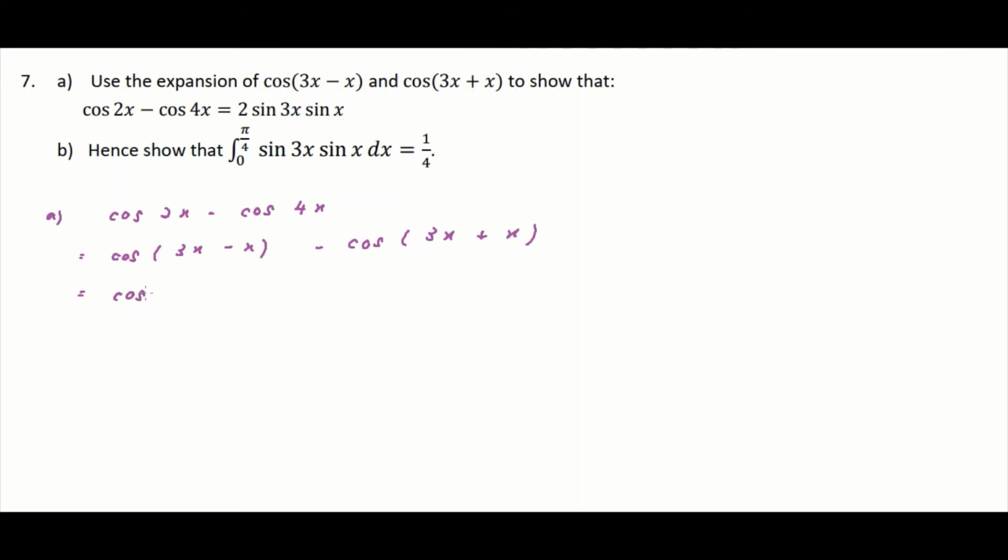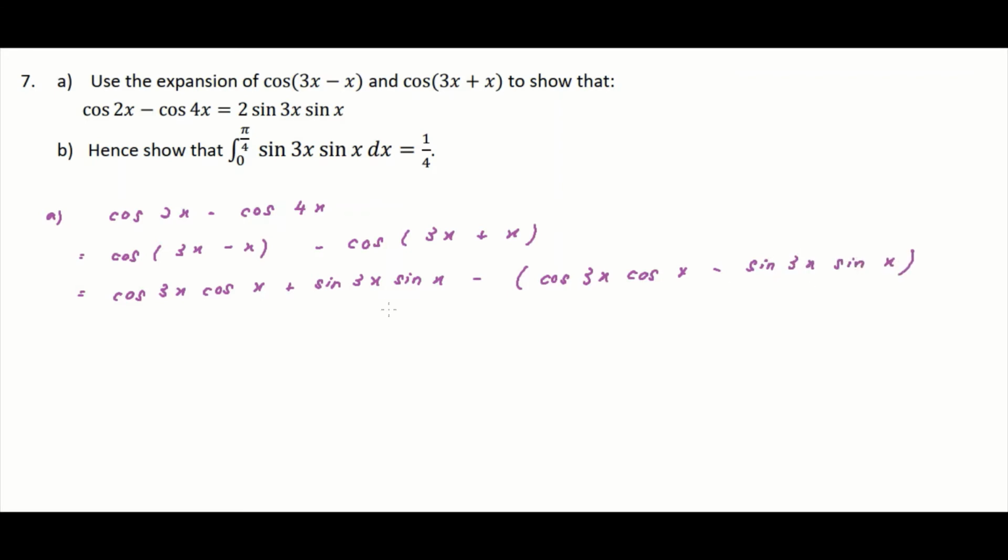When you expand, you have cos 3x cos x plus sine 3x sine x, minus, remember your bracket, cos 3x cos x, so this is plus, so you have minus sine 3x sine x.